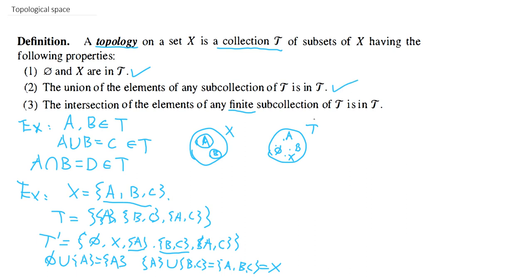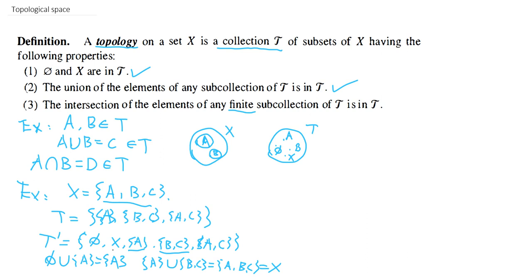Okay, and next, how about the third property? If we do the intersection over any elements in T prime, can we get an element of T prime as a result? For example, if we do the intersection of the empty set with any other sets, we get the empty set, and it is in T prime.